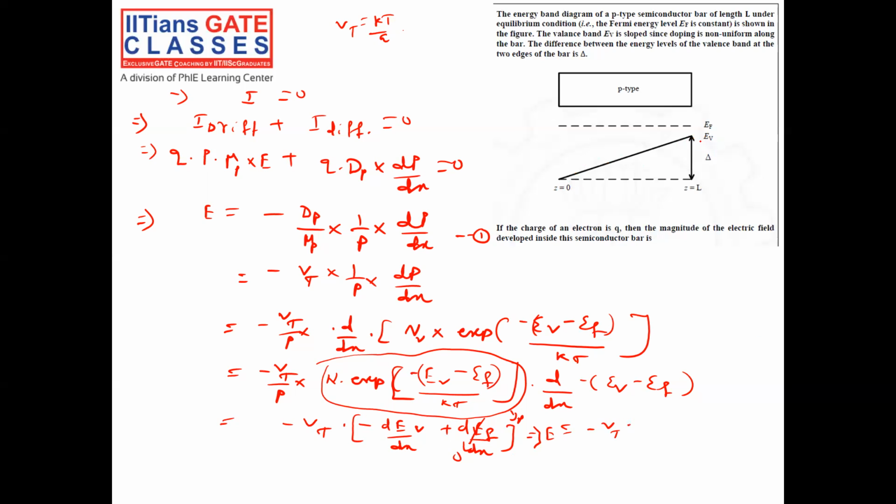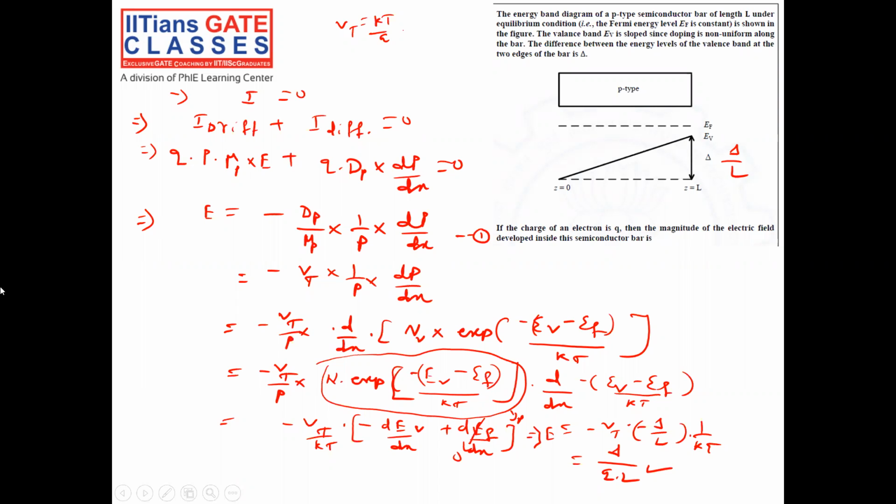The slope: the length is L and the height is delta, so it is delta by L. Here there is also a 1 by kT, and Vt is equal to kT by q, so kT gets canceled. So I got delta by qL. This is my built-in electric field created.